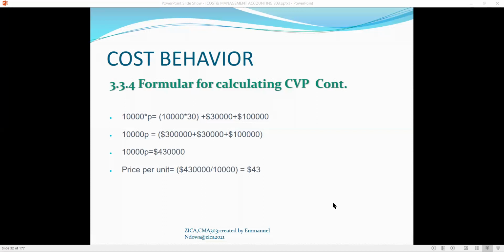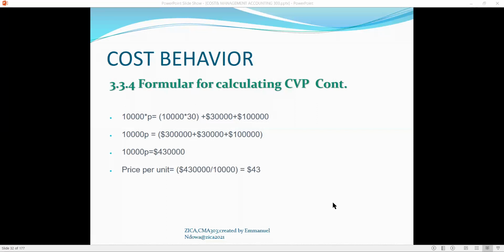So in line with our illustration, can we play around with figures as well? On price, could you put $53? Price $53. We then need to find the number of units. The number of units is indicated by P.